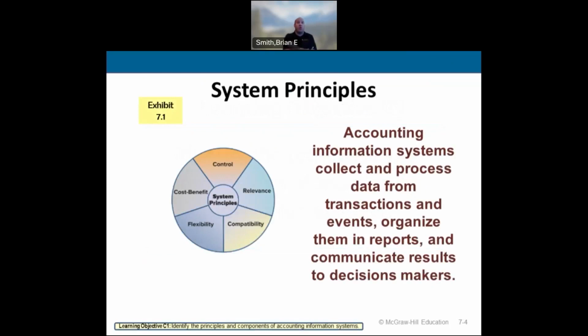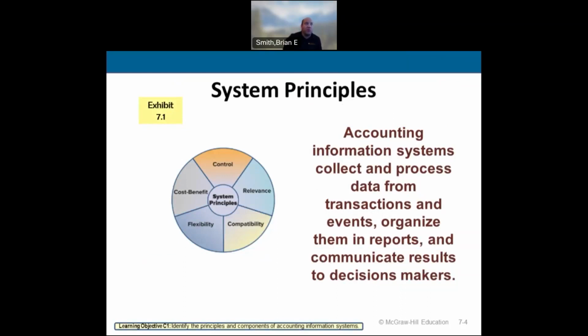System principles. In order to establish an accounting information system, you need to have these system principles installed. Control: you need to be able to control the system. Relevance: it needs to be relevant. There's no point in having a system that creates building estimates if you don't do building estimates.